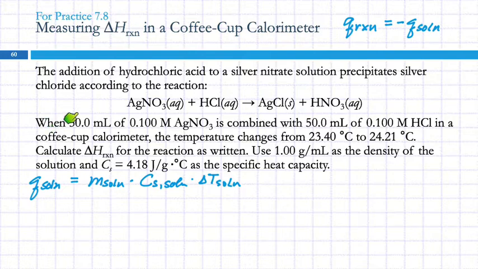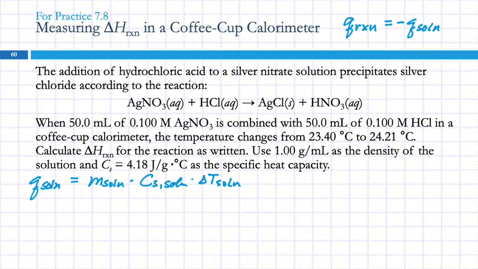We've got 50 milliliters of this solution and 50 milliliters of the other solution. What's our total volume? 100 milliliters. Right, so we have 100 milliliters of solution, and we're told to use a density of 1, so we could calculate the mass from that.